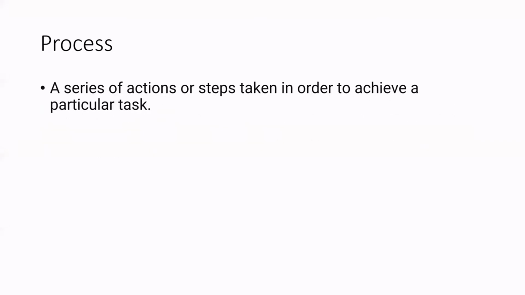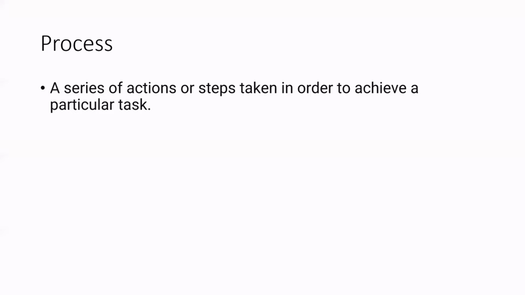Then we have the term process. So what is meant by process? A process is a series of actions or steps taken in order to achieve a particular task. For example, if we have to make a cup of tea, then we have to boil some water, right? And after some time, when the water starts boiling, then we have to pour in a glass of milk.